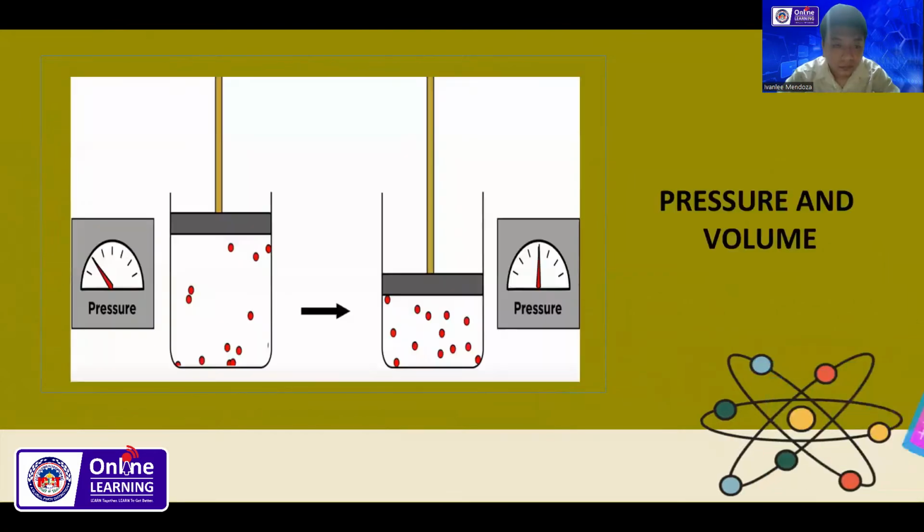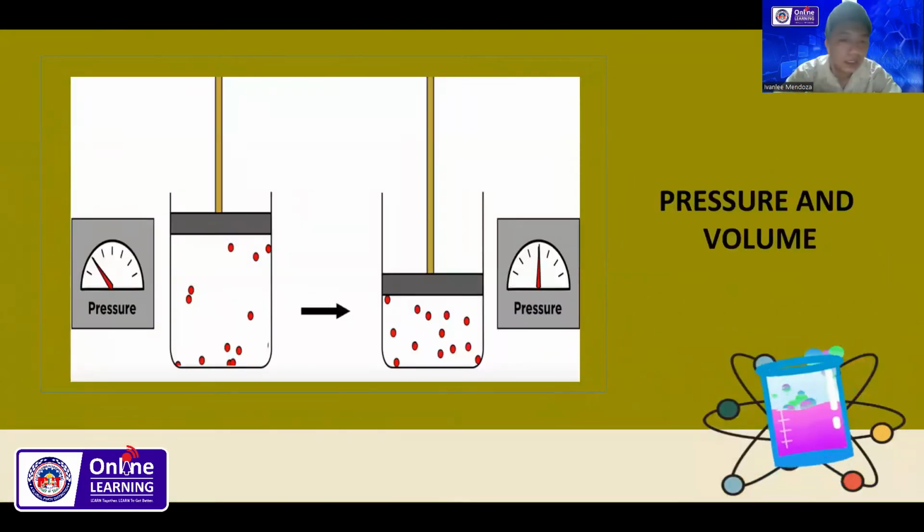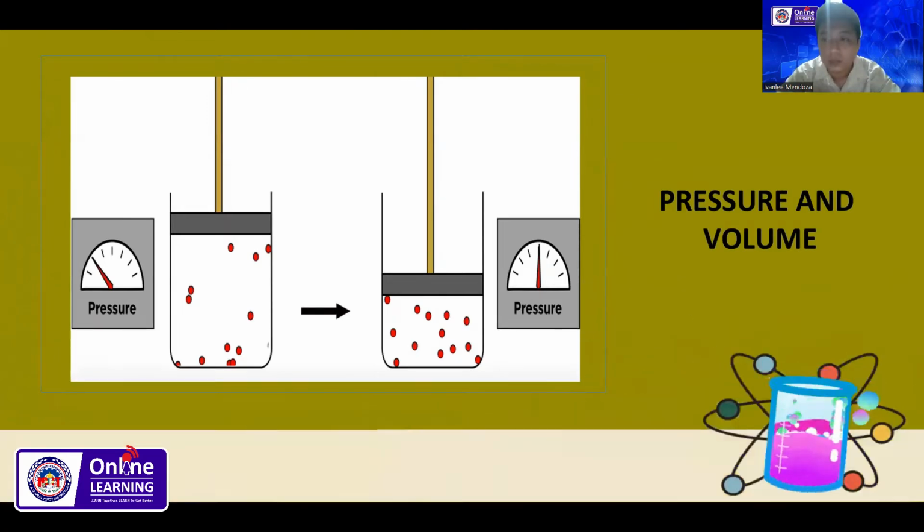For that, I have here a simple illustration of the relationship between pressure and volume, just like in this figure. The first illustration shows a certain pressure and a certain amount of volume.